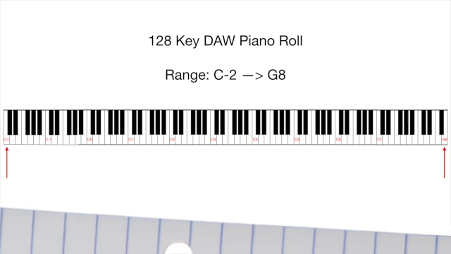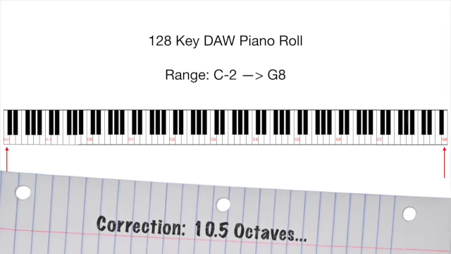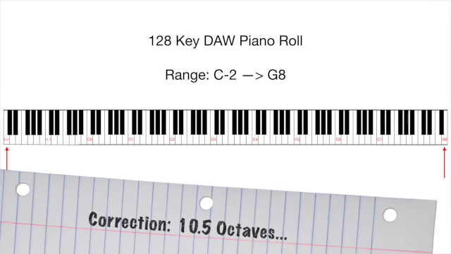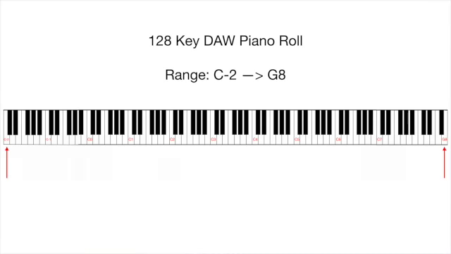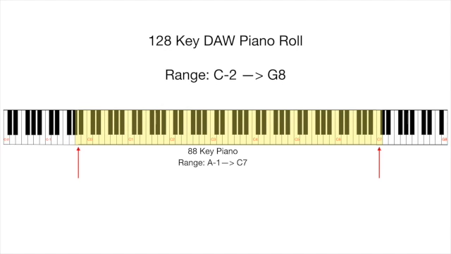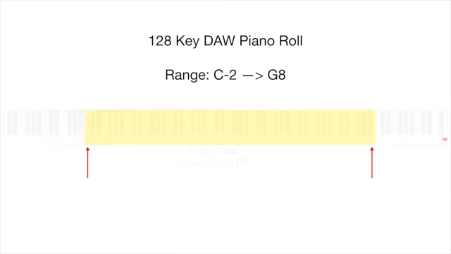That gives us essentially about 9.5 octaves, compared to what we get with the traditional acoustic piano. So just by comparison, here's the range of our 88 key piano going from A-1 up to C7. When you overlay that with the MIDI keyboard, you can see we get almost 2 octaves more on the bottom end and an octave and a fifth on the top end.